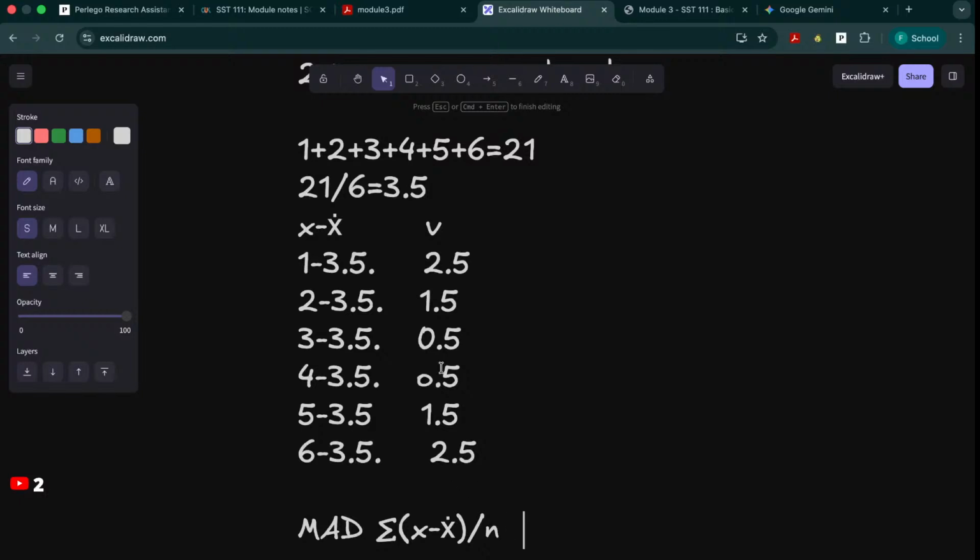So we do the total of this, then we divide by the total number of observations.